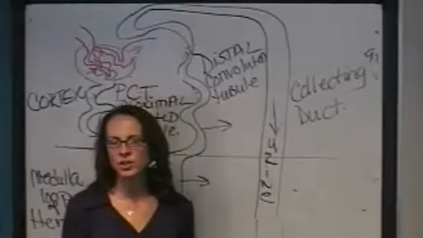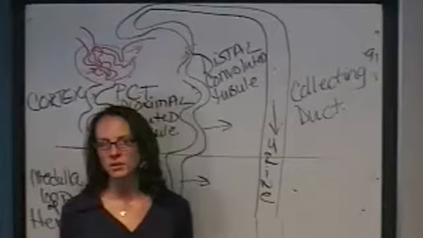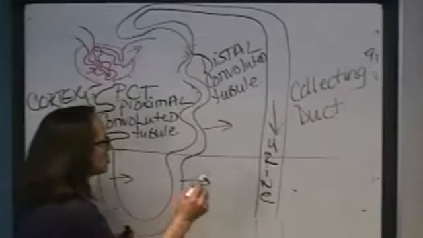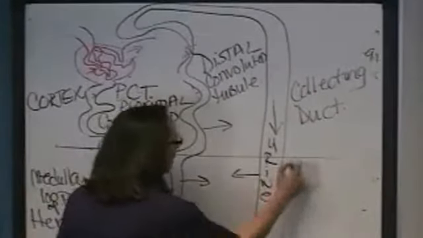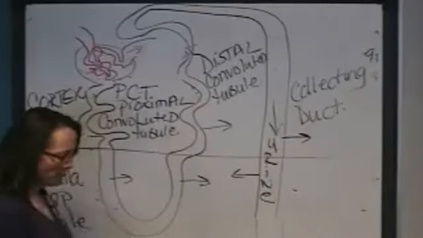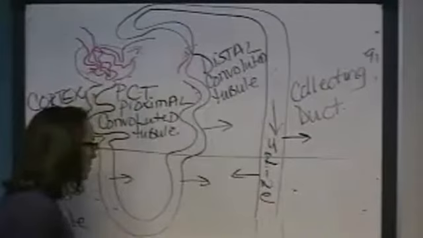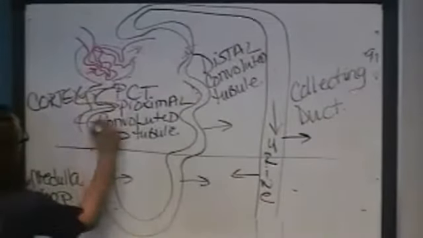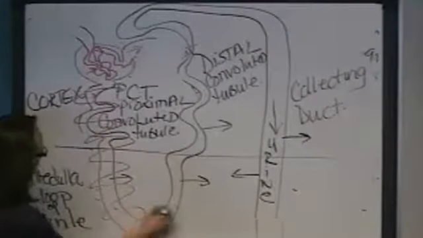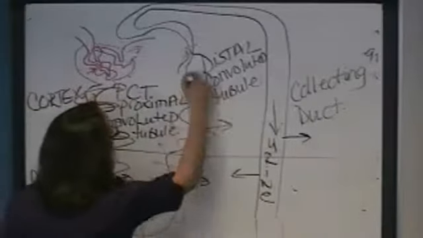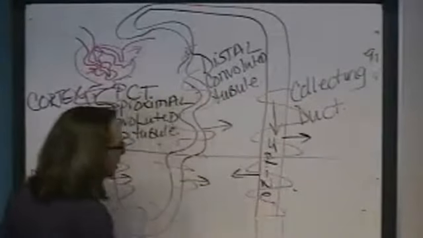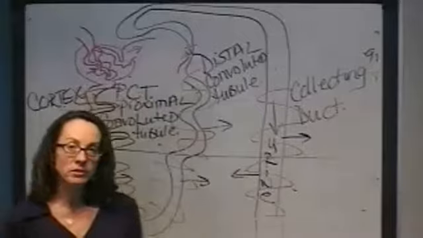I'm going to explain a few of them to you, but you don't need to know all of them. If you look in your book, there's a ton of them. In general, anything that comes out of this tube will be sent to a series of peritubular capillaries, peri meaning around.